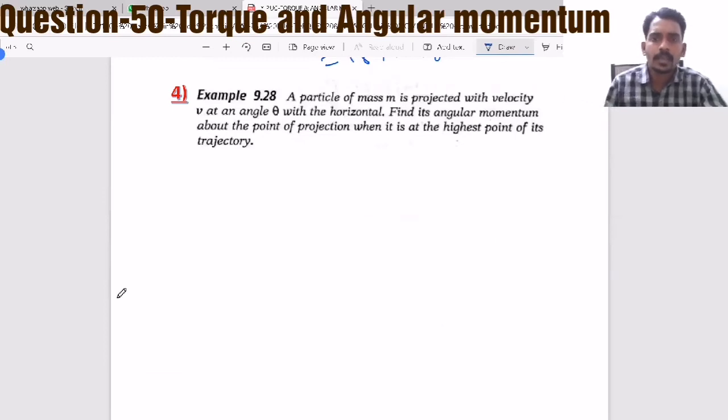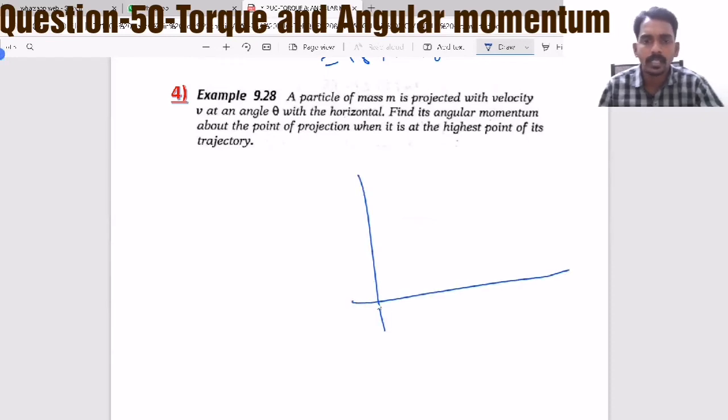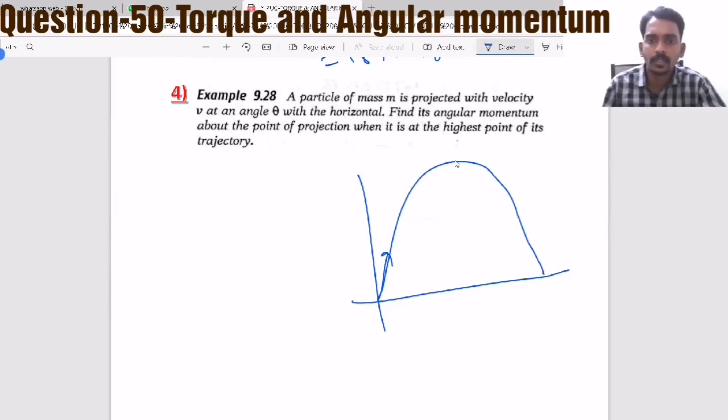Now a particle of mass m is projected with velocity v at an angle theta with the horizontal. Find its angular momentum about the point of projection when it is at the highest point. So here they are talking about projectile motion. At the highest point, suppose the initial velocity is v, then only the horizontal component will be there, that is v cos theta.